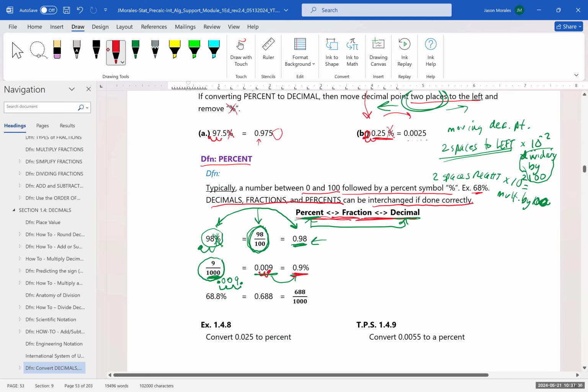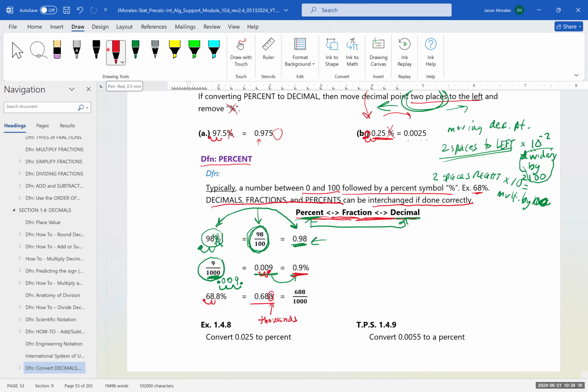Now down here below, we have 68.8%. If we want to convert that to a decimal, we can just move this over 1, 2, and that gives us 0.688. Notice that this last digit is in the thousands place.